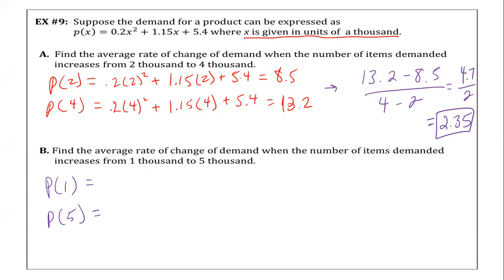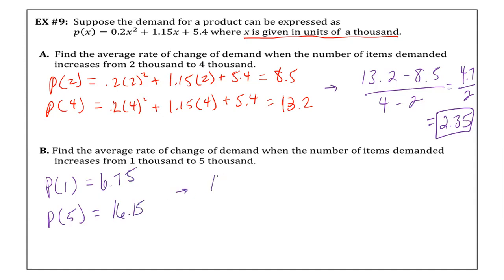It's 1 squared times 0.2, because your X is 1. It'll just be 0.2. No, you already used the square on the 1. So I ended up with 6.75, and I ended up with 16 and 1/1500.